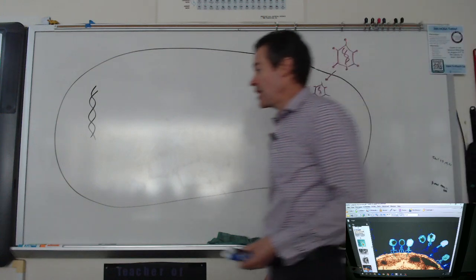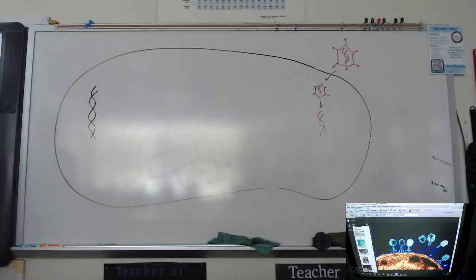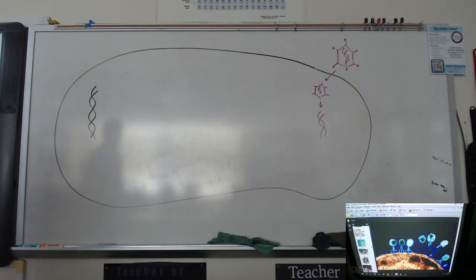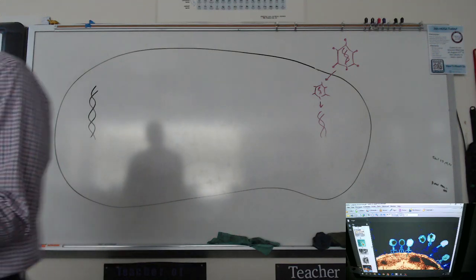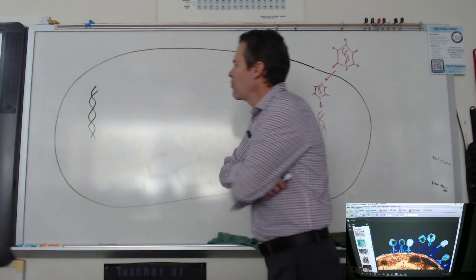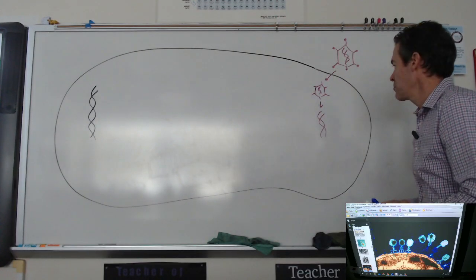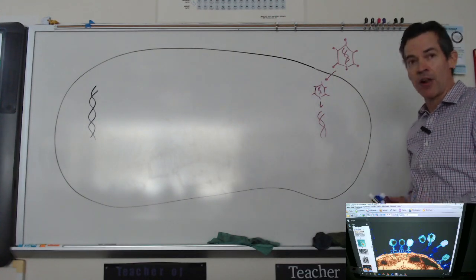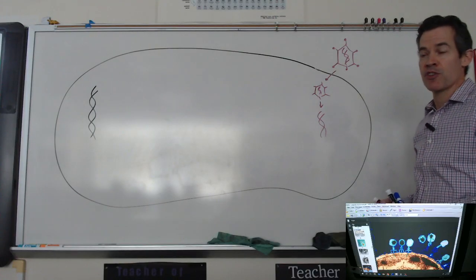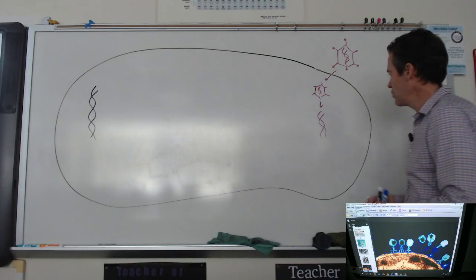Just like you, if your DNA says put some melanin in this person's eyes, you're going to have brown eyes, and your cells did that because the DNA told them to. If your instructions for putting melanin in your eyes are broken, then you don't have brown eyes. So if there's viral DNA in my cells, then the virus will say, hey, cell, copy me. And the cell's just like, okay.